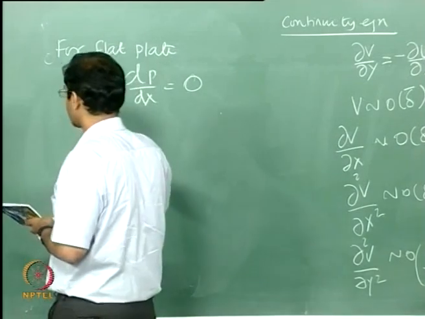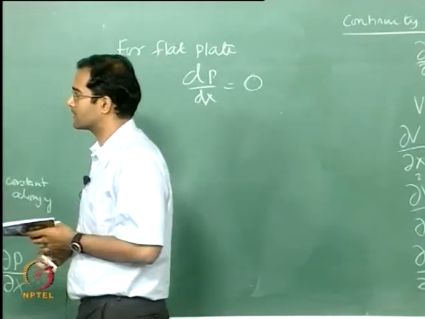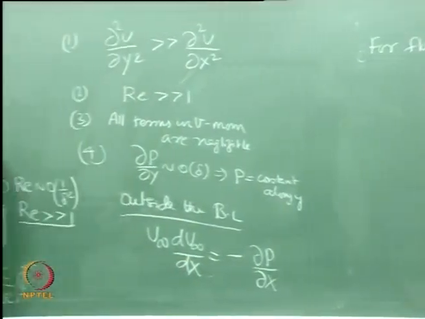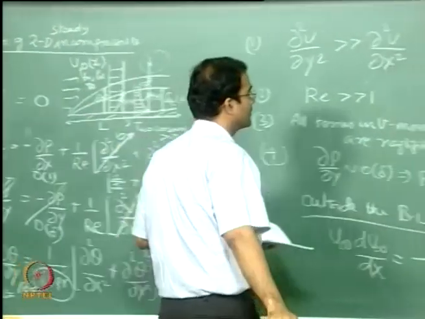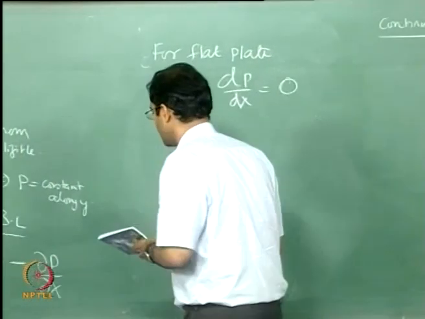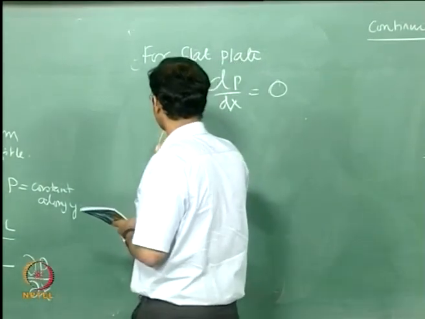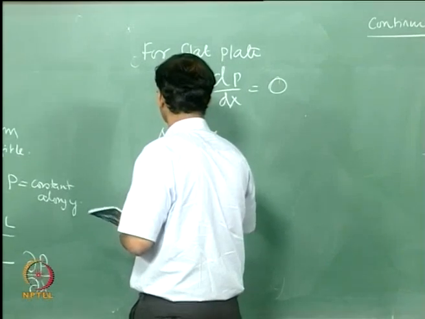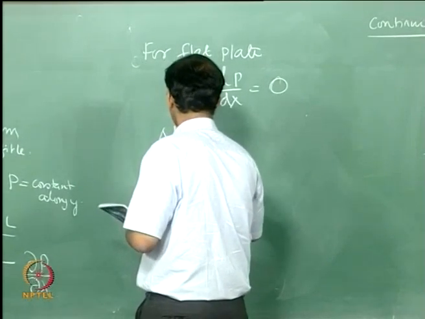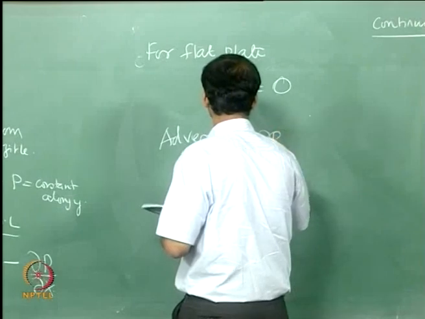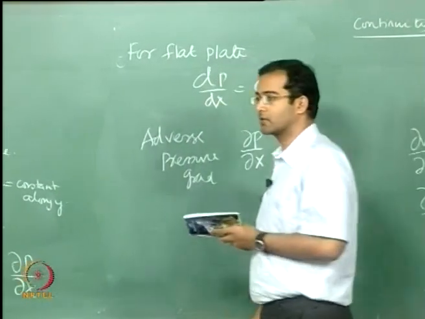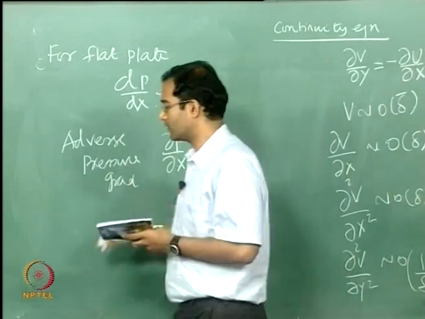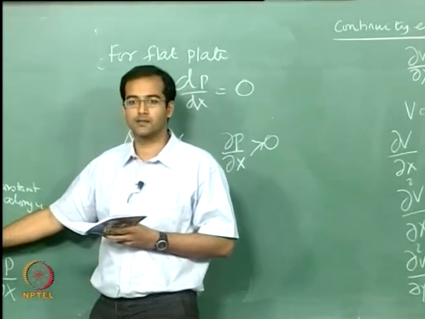For cases where your free stream velocity varies, so if your free stream velocity is a function of x, you can have two kinds of flows. One, if you have an adverse pressure gradient, in this case the pressure should keep increasing, so dp by dx should be greater than 0, therefore your velocity will keep decreasing.